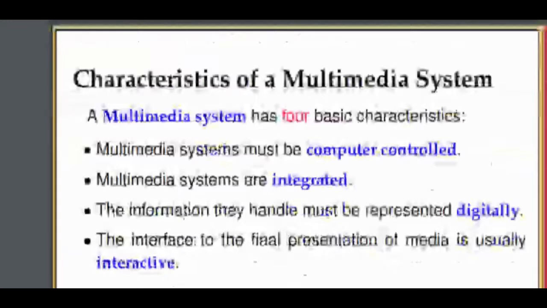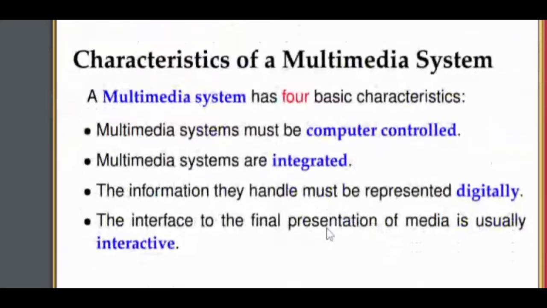That is the main characteristic of a multimedia system. Multimedia systems are integrated. The information they handle must be represented digitally, and the interface to final presentation of media is usually interactive.